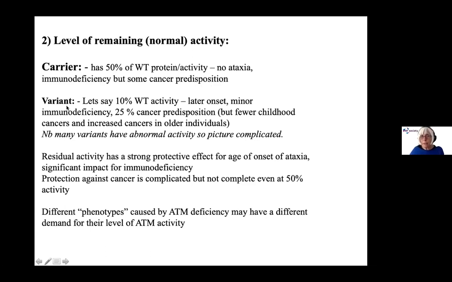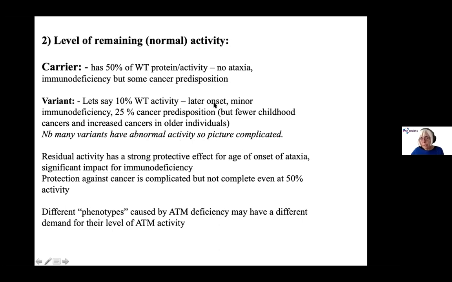AT variants can be very different, but let's initially think about a person who has 10% of the normal level of activity, but the sequence is completely normal. So it's just much lower. That won't be all variants, because in some variants the protein may be abnormal. But generally, variants of this sort do exist.